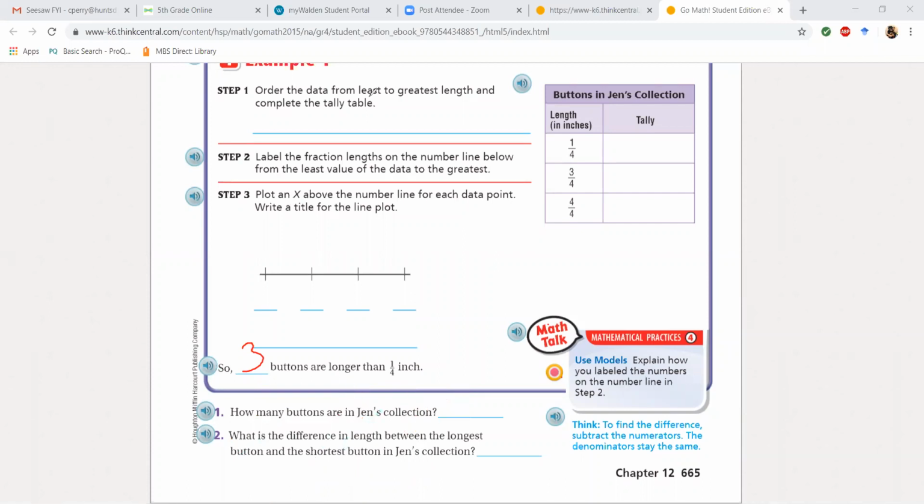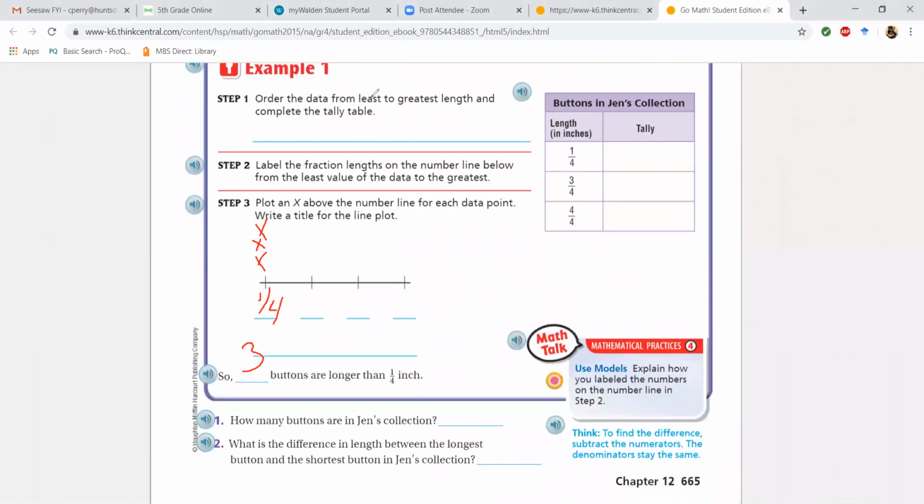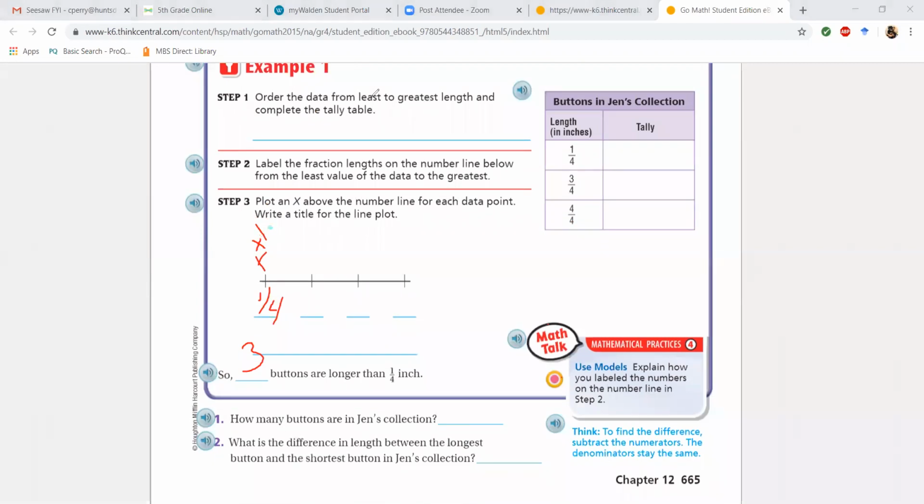Okay. Now let's answer these couple questions here. How many buttons are in Jen's collection? Let me quickly redo our table here. Okay, all right, so let's count the total number of buttons.